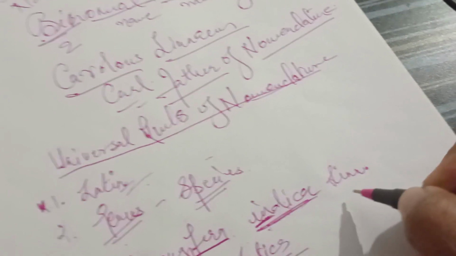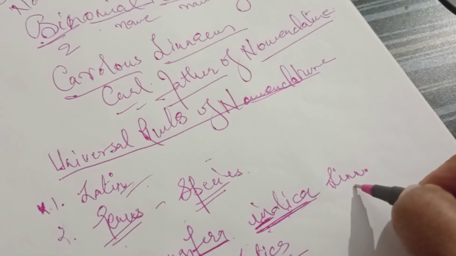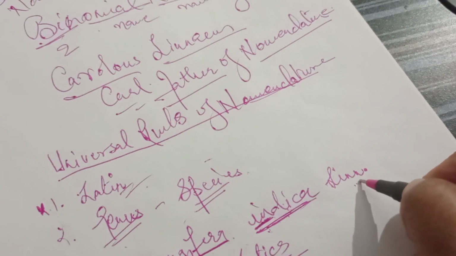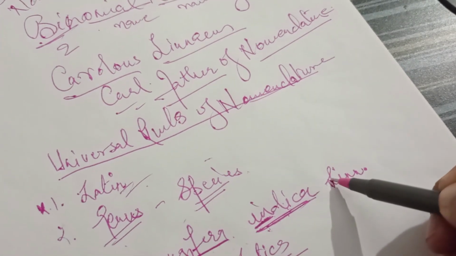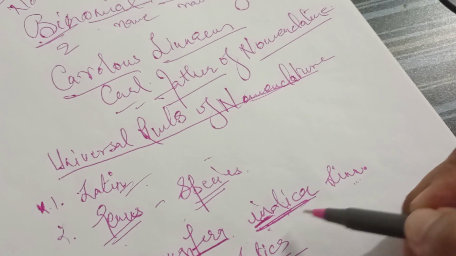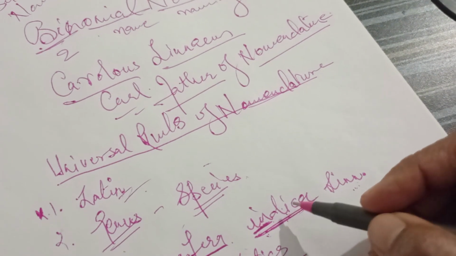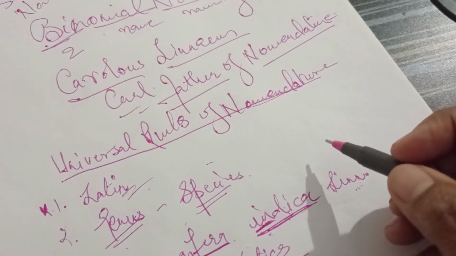The name of the author is written in short, Lin. That means Linnaeus. Carl Linnaeus named Mangifera indica, mango, in scientific name. So the name Lin is attached to the scientific name. Okay. Now this is nomenclature.